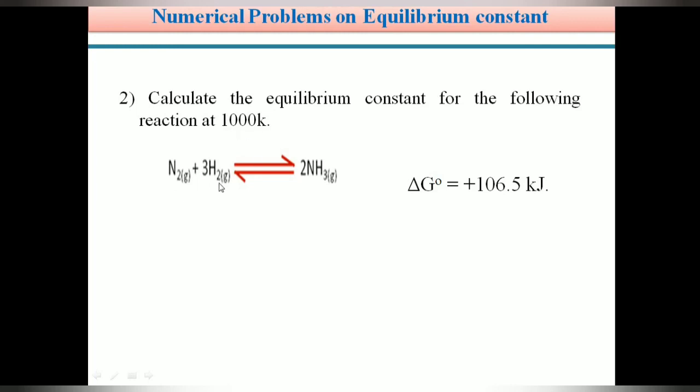Nitrogen reacts with hydrogen and forms ammonia. It is a gaseous phase reaction. In the model problem we took delta G naught equal to 0. In this practice problem, I am giving you delta G naught equal to plus 106.5 kilojoules. Okay students, you can try. I hope you all solve this problem very easily.